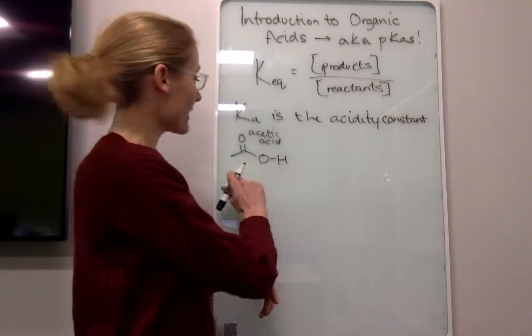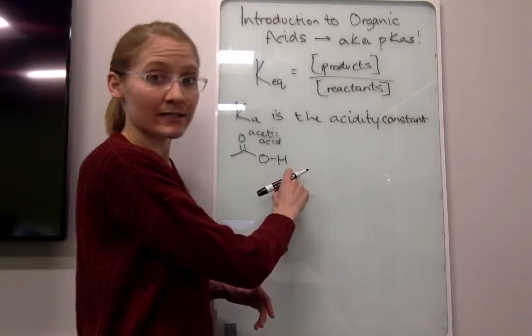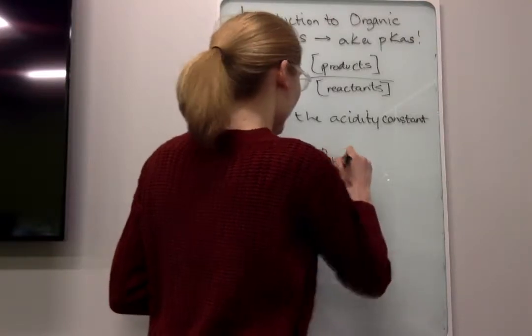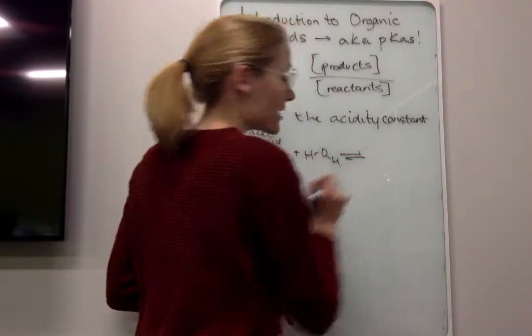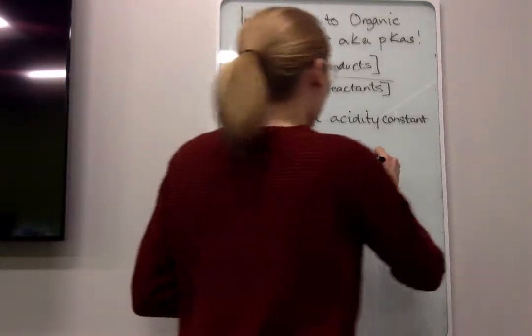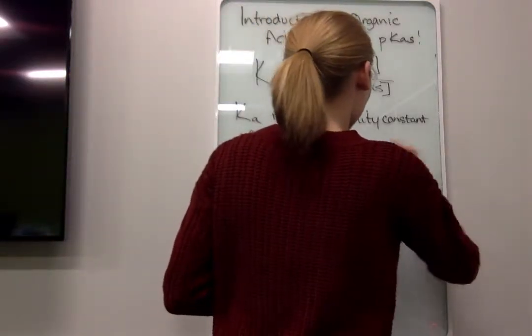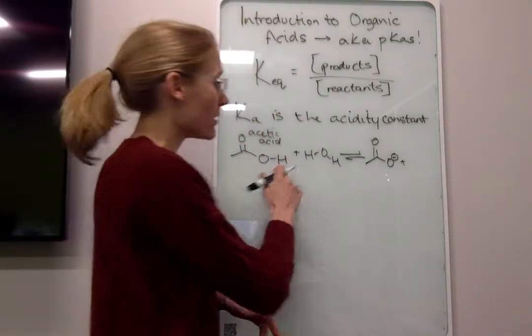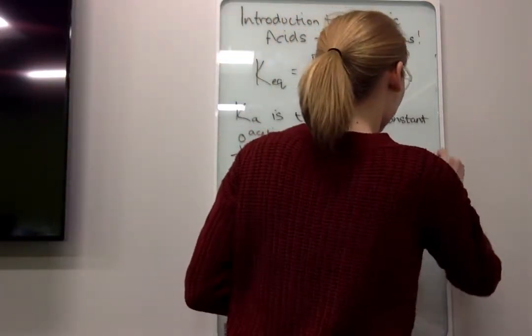So we take here this acetic acid, we add it to water, and then we draw equilibrium arrows for the deprotonation of that proton plus H3O plus.